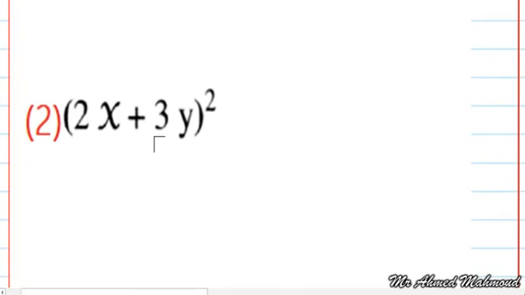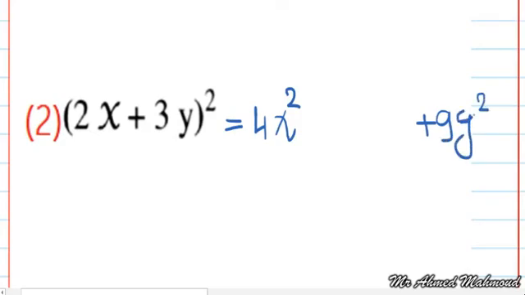(2x plus 3y) all to the power of 2. First, I'm going to multiply 2x times 2x, 2 times 2, 4, x times x, x to the power of 2, and 3y times 3y, 3 times 3, positive 9, y times y, y to the power of 2.